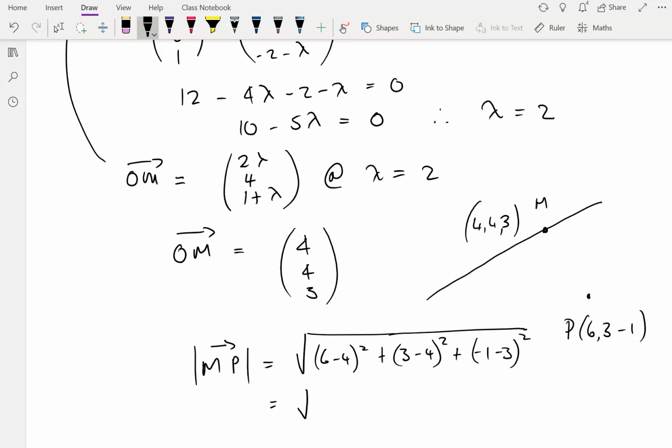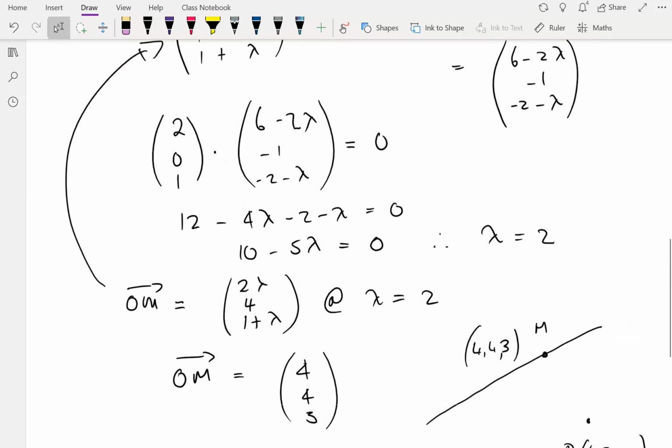And that's going to give me the square root of 21, which is approximately 4.58 to 3 significant figures.